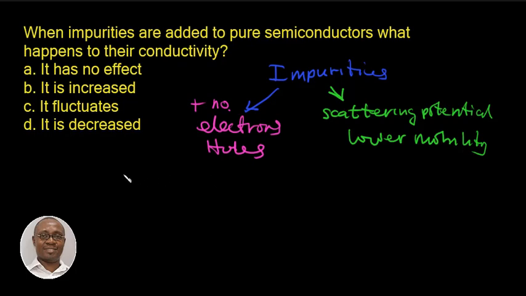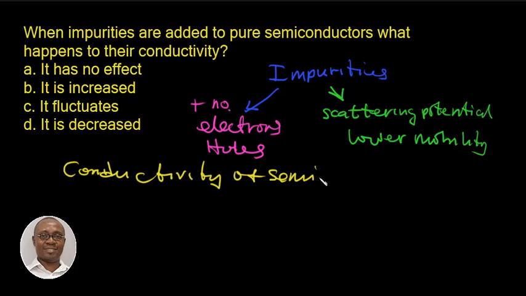So the conductivity of a semiconductor is a product of carriers times mobility.